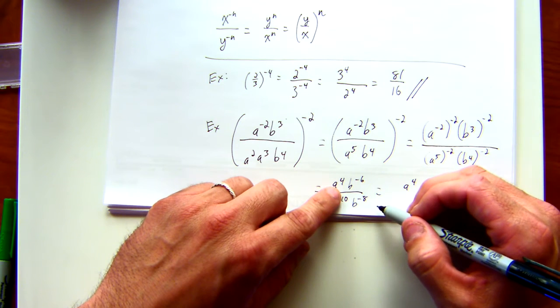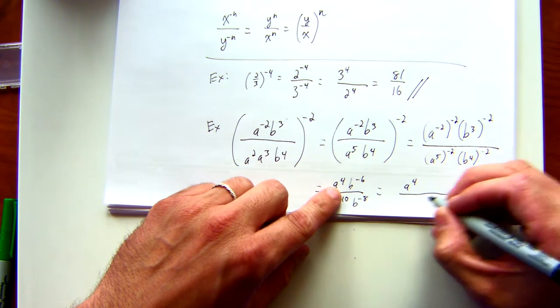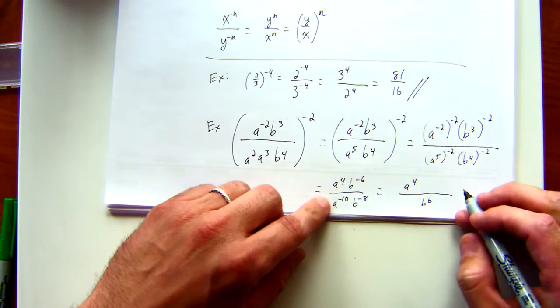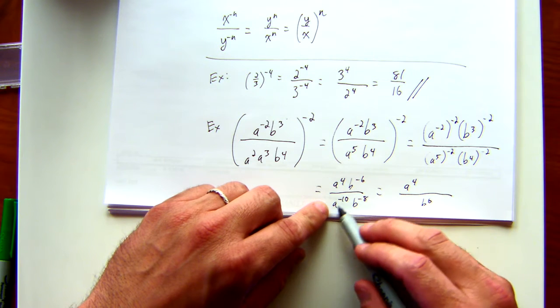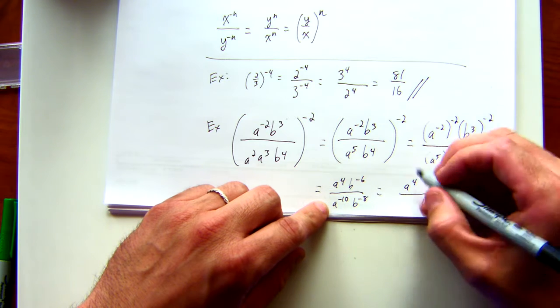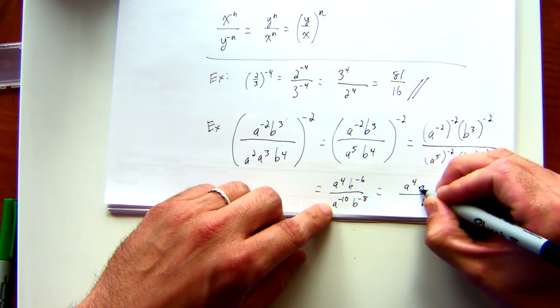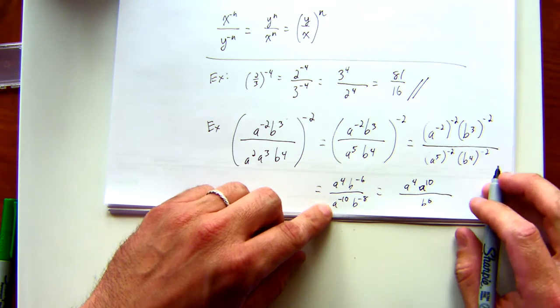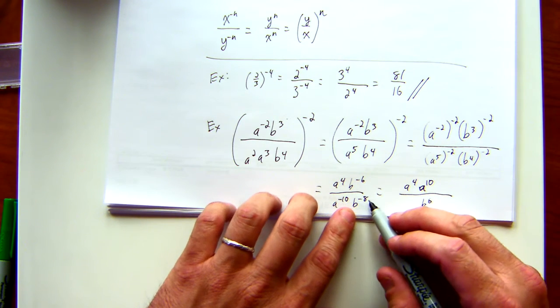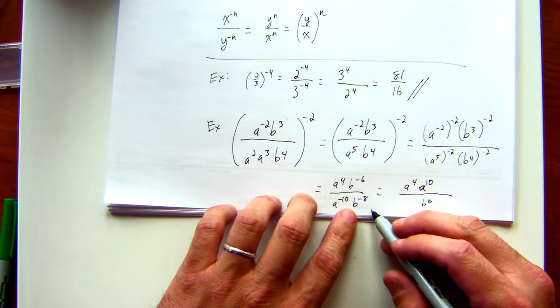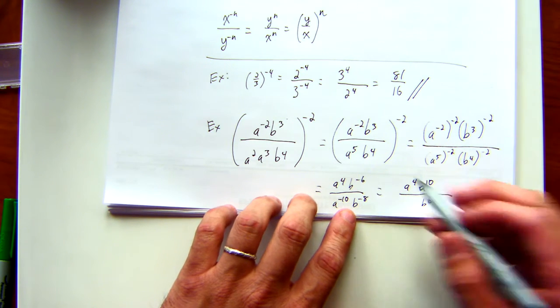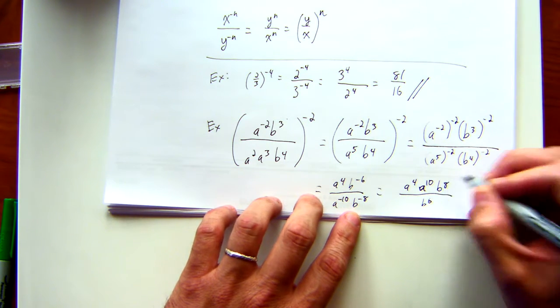It's going to go downstairs, change the exponent. So I'm going to have b to the 6th. Now this a to the negative 10th, what's it going to do? It's going to go up, and it's going to go up as a multiplication, so it's a to the 10th. And then what is this b to the negative 8th going to do? It's going to go up again, so it's going to be b to the 8th.